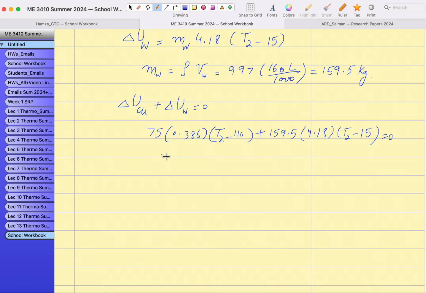One equation, one unknown: if you solve this, you will get 19 Celsius, which is also equal to 292 Kelvin.